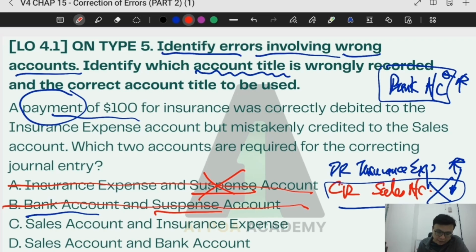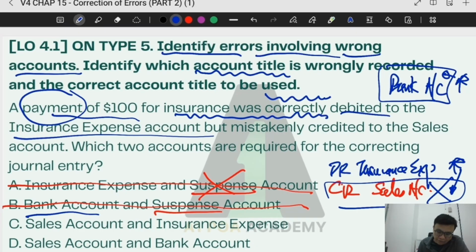C, sales account and insurance expenses. Over here, the question already told us that insurance was correctly debited to the insurance expenses account. Therefore, this is wrong, and as a result, C is wrong.